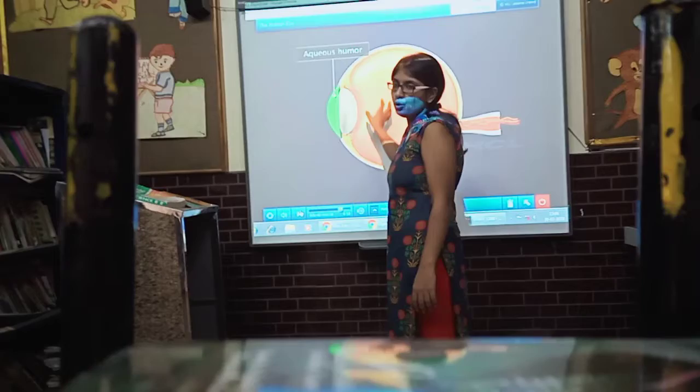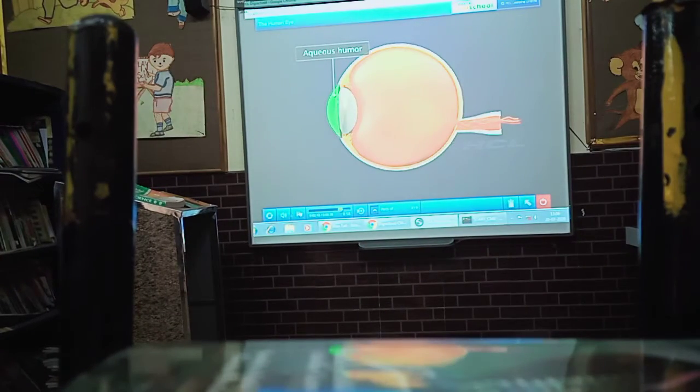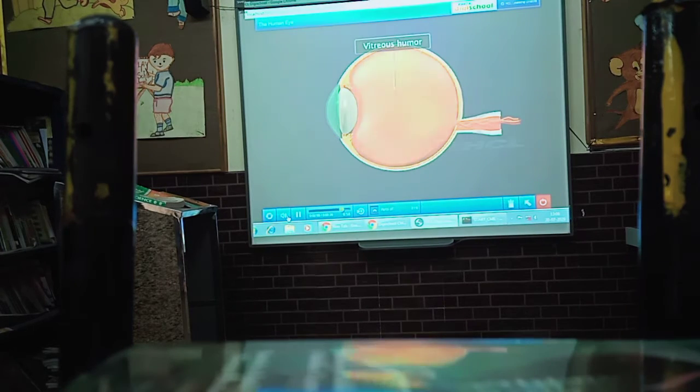These are the two fluid-like structures. It maintains pressure of the eye and nourishes the cornea and lens. The vitreous humor, which looks like jelly and contains 99% water, is in the middle of the eye between the retina and the lens. It maintains the shape of the eyes.